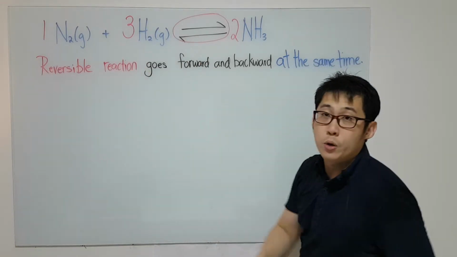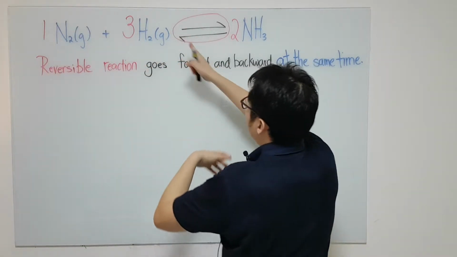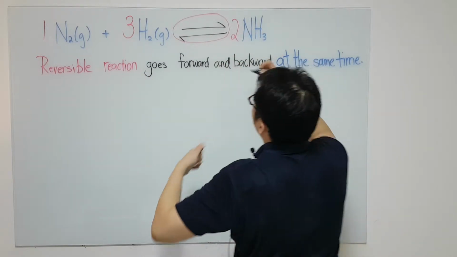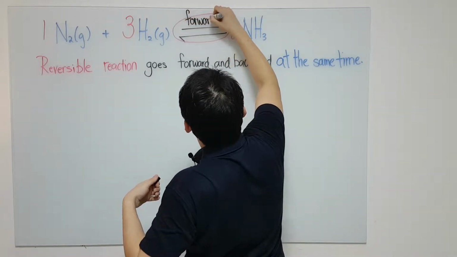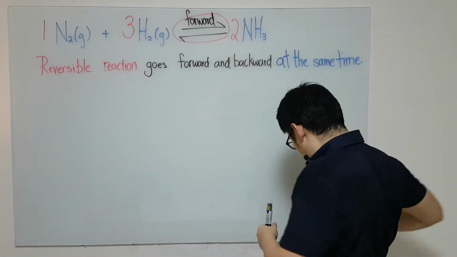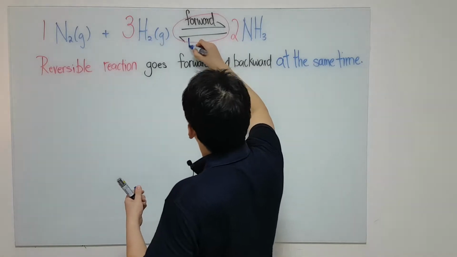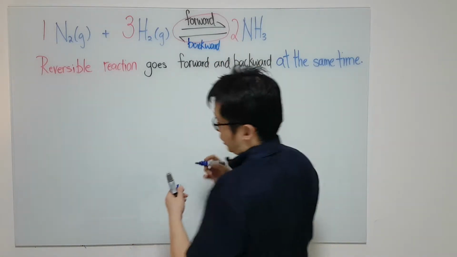One, the forward reaction. Conventionally, when this arrow points from left to right, that would be your forward reaction. If it points from here to here, this is what we call the backward reaction.